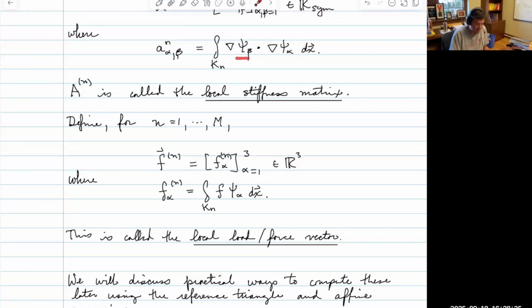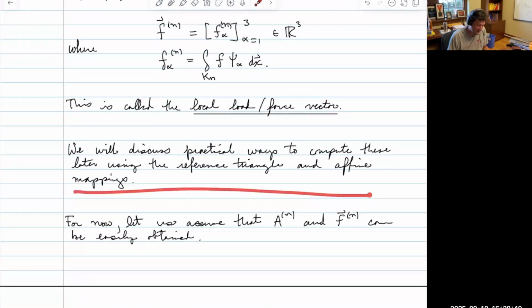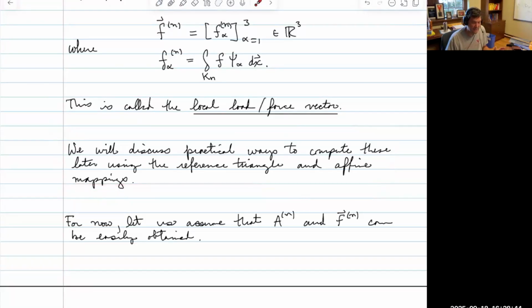Its gradient can be computed, and the integral of the dot product of these two things can be computed over triangle K_n without any problems whatsoever. So we're going to assume that that can be done. Later on, we're going to come back to how you write code for implementing that part.